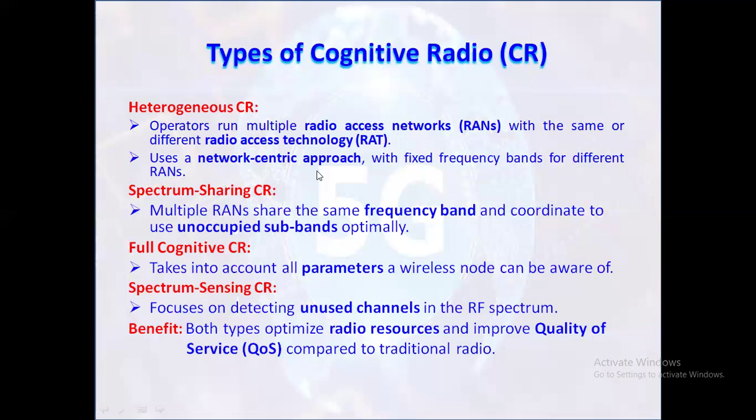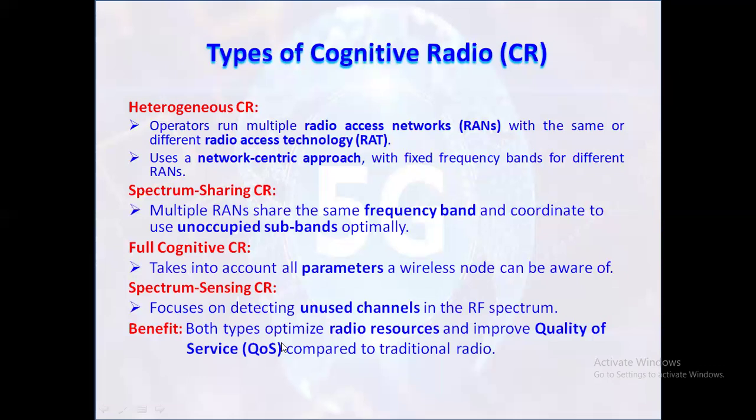It uses a network-centric approach with a fixed frequency band. In spectrum sharing, multiple RANs share the same frequency band and coordinate to use unoccupied subbands optimally. Full cognitive CR takes into account all parameters that a wireless node can be aware of. Spectrum sensing focuses on detecting unused channels in the RF spectrum.